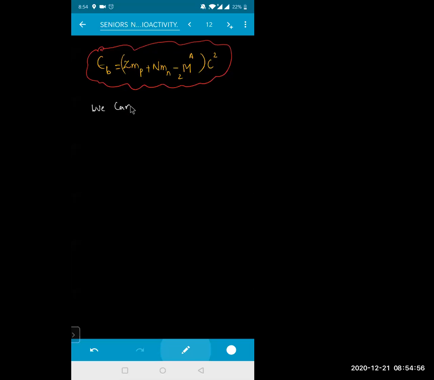We can also use atomic masses in place of nuclear masses.